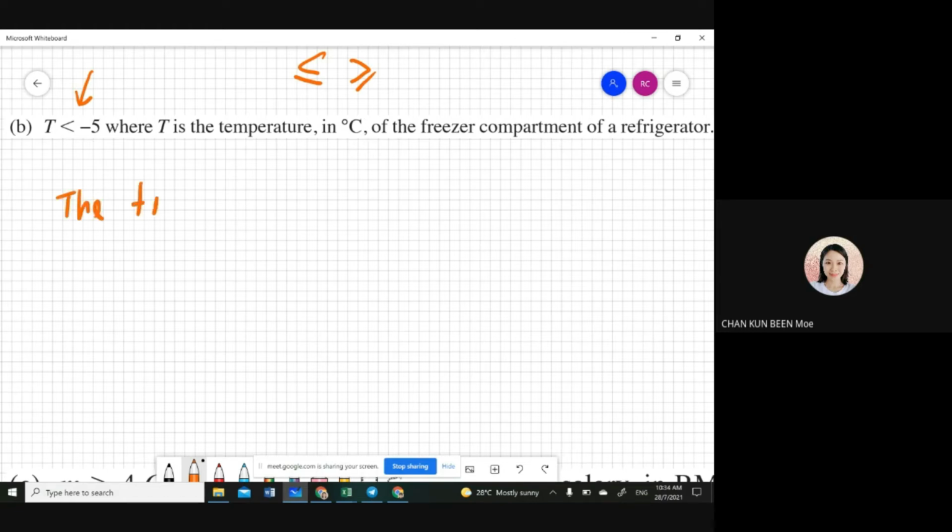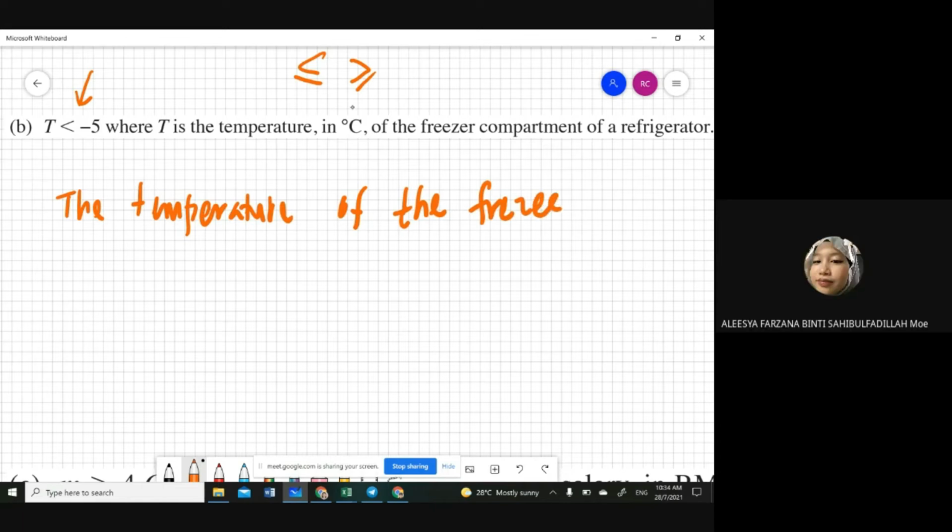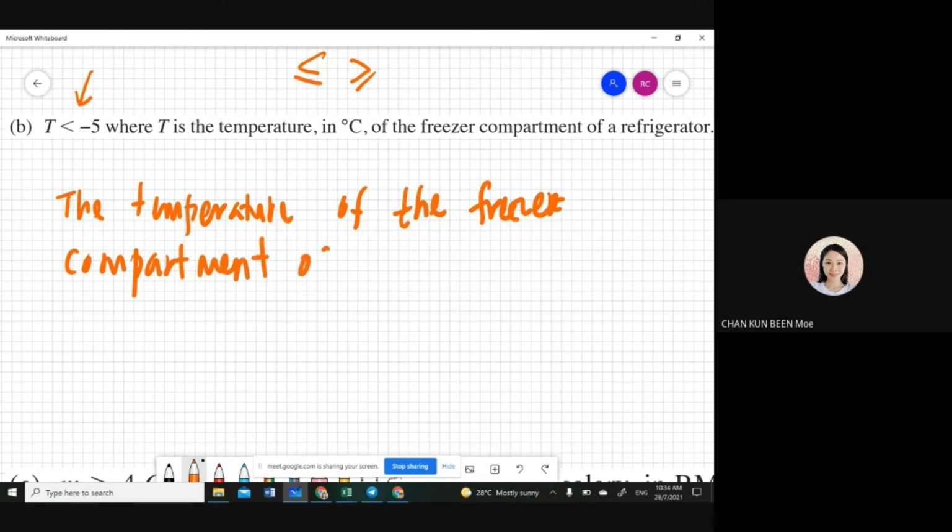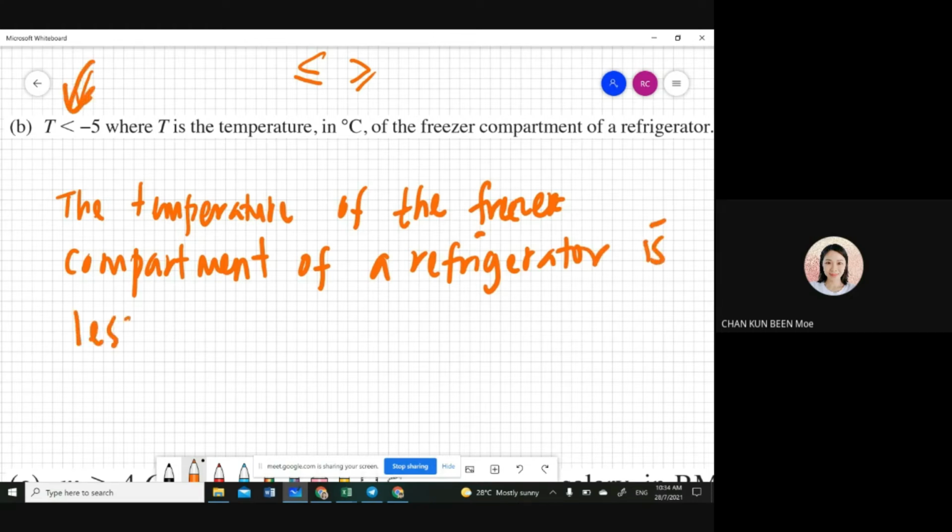The temperature of the freezer compartment of a refrigerator is, because of this, less than -5 degrees Celsius.